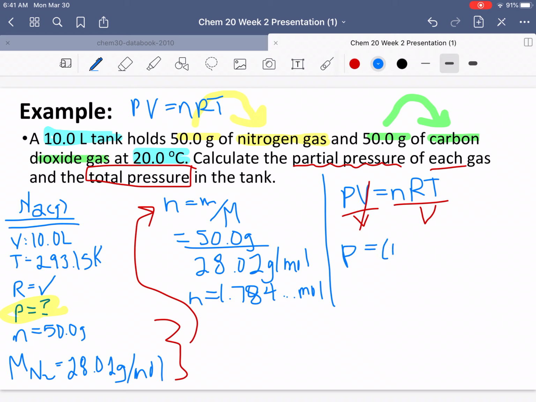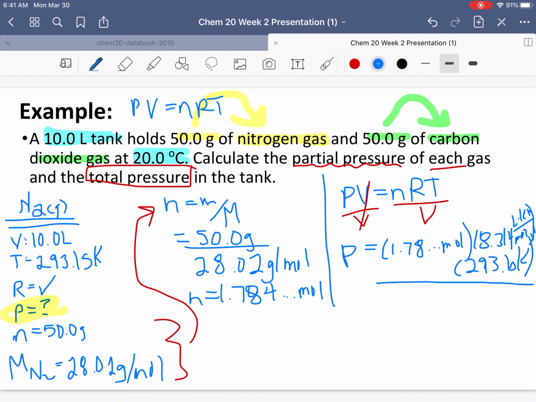n we figured out before, 1.78 moles. R, 8.314 liters times kilopascals over moles times Kelvin. All of that times that temperature of 293.15 Kelvin. And that whole thing is divided by volume, 10.0 liters.